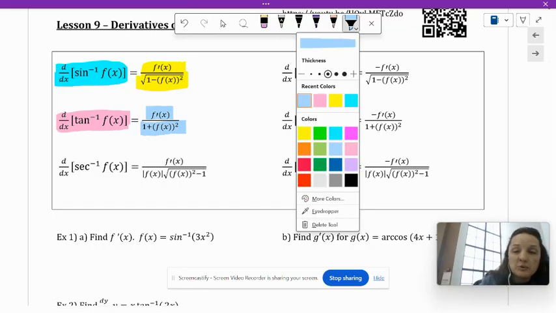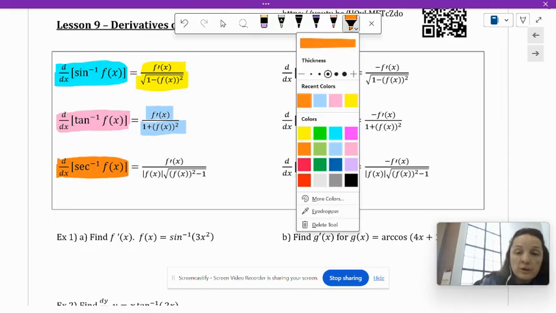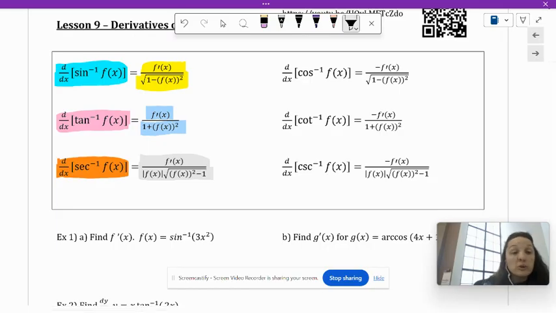And last, but certainly not least, because it's definitely the weirdest, the derivative of inverse secant is the derivative of the end over the absolute value of the end times the square root of the end squared minus 1. Because it is, deal with it.